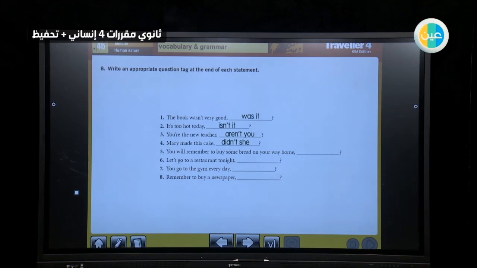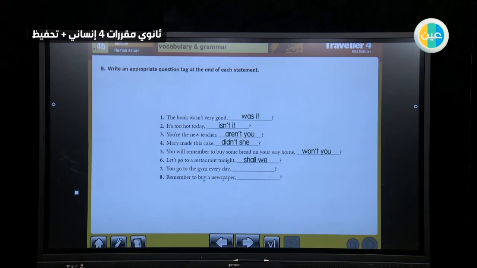Didn't she? You will remember to buy some bread on your way home. You will remember. Won't you? We put here the opposite. This is positive. Let's go to the restaurant. Let's, we said, if we have let's in our statement, so here we write shall we.